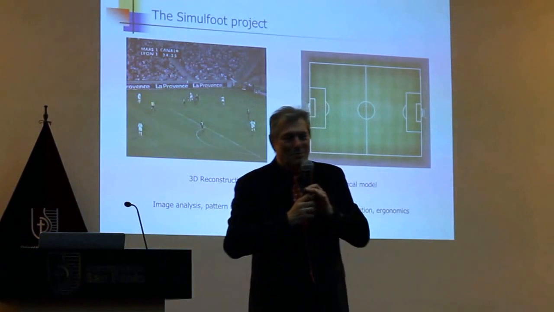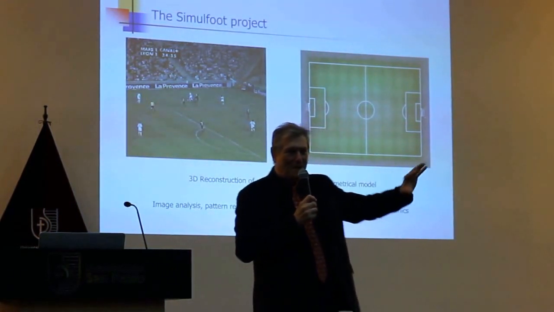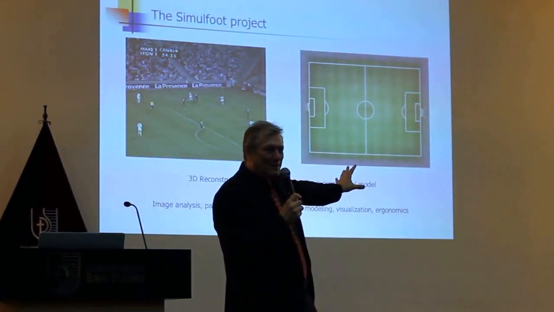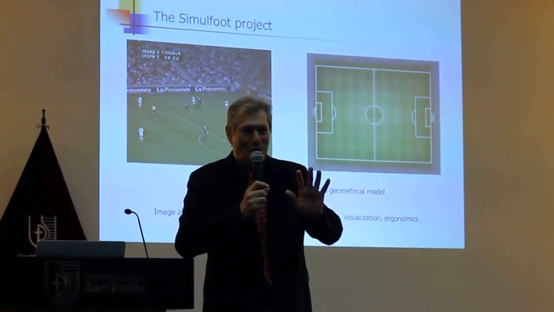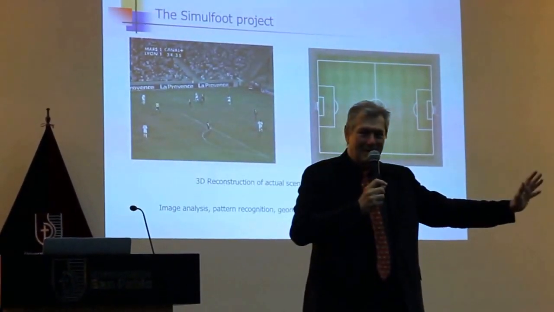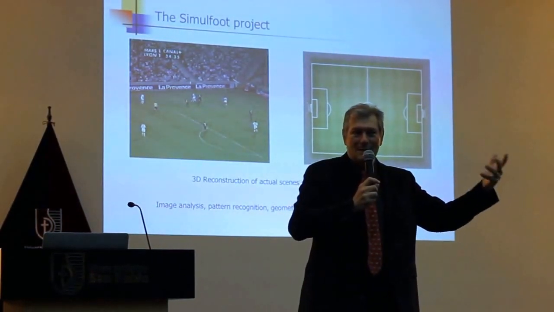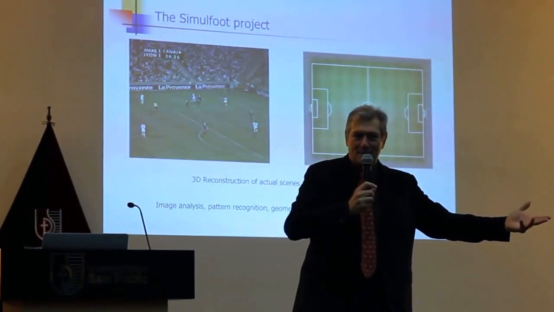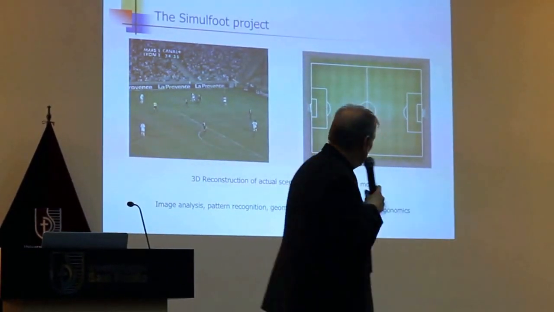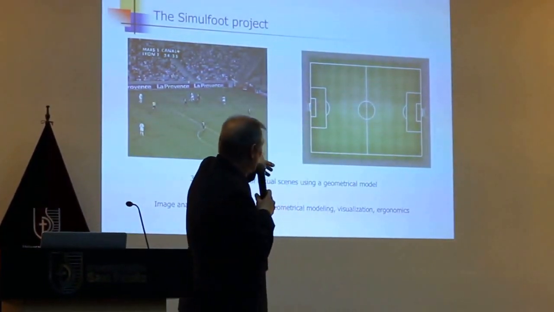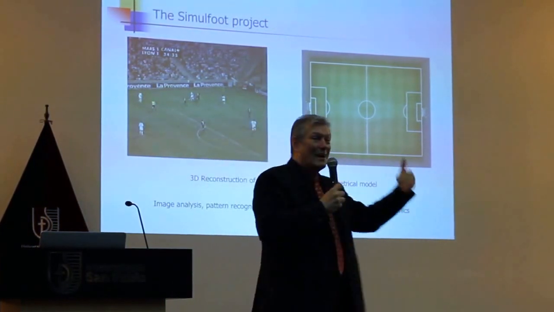Okay? So, just to set the problem of the soccer simulator. We have a 2D image. We have a 2D model. In the model, we know some things, for example, some landmarks. For example, some points such as the corner point or the goal line and so on.